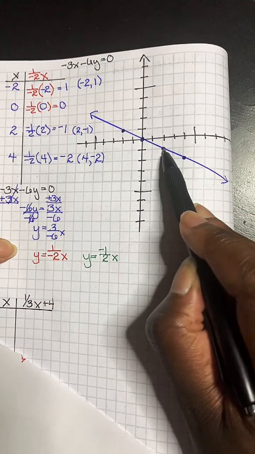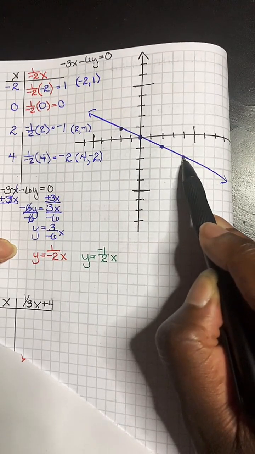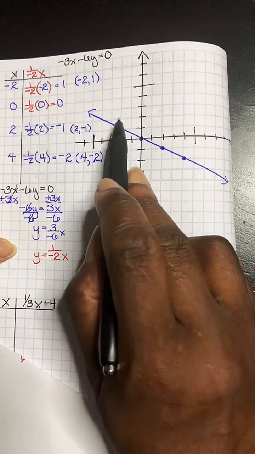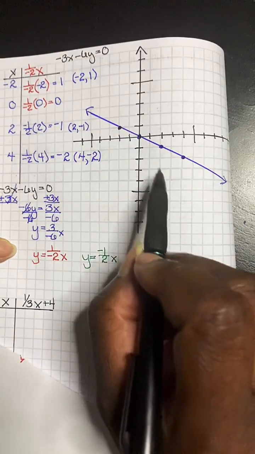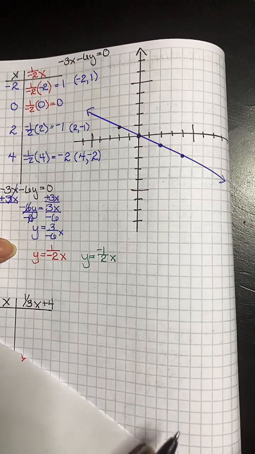Boom, piece of candy. Go down 1 to the right 2, and you just repeat that. If I wanted to go up 1 but to the left 2, up 1 and to the left 2, that works as well. We just need at least 2 points to draw our line.